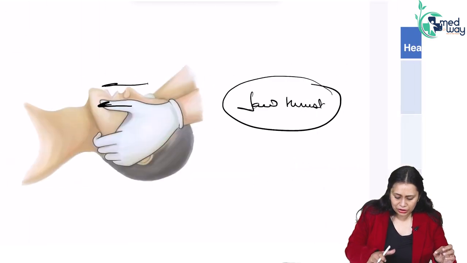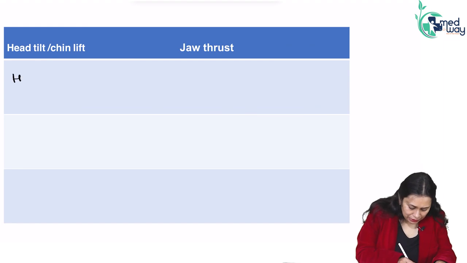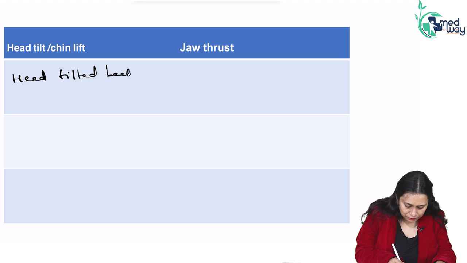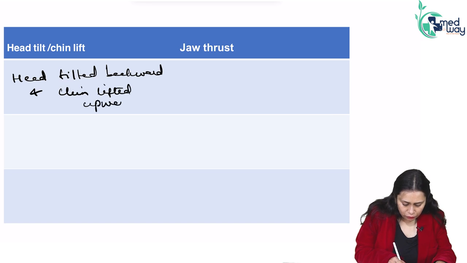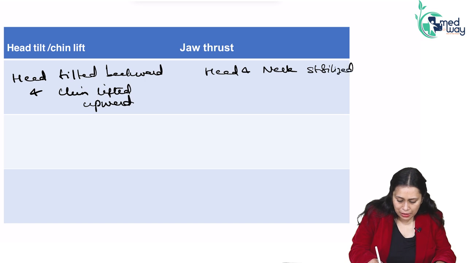Okay. So let us just compare both the maneuvers. Head tilt, chin lift: head is tilted backward and chin lifted upward. This is how we perform the maneuver. Jaw thrust: head and neck stabilized, and mandible protruded forward, right?